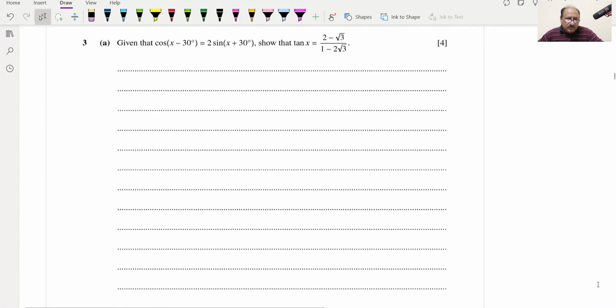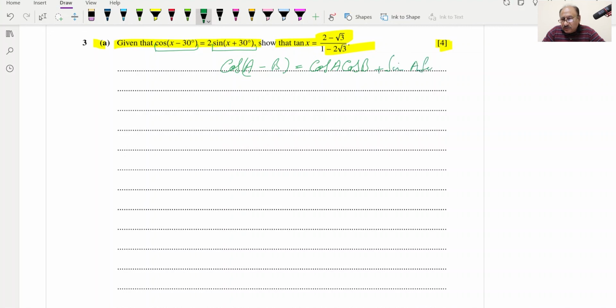Now question number 3, part a, says given that this is equal to this, show that. This is a 4-mark question. Two formulas will be applying: cos of a minus b and sine of a plus b. So we can write over here cos of a minus b will be equal to cos a cos b plus sine a sine b.